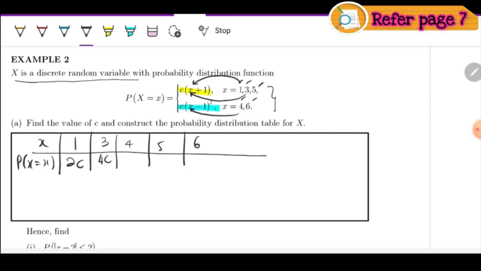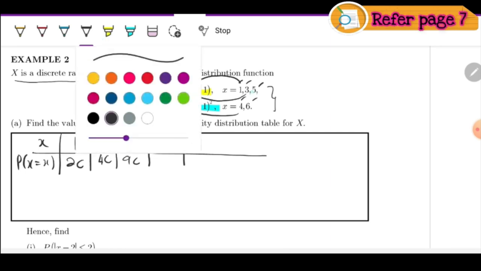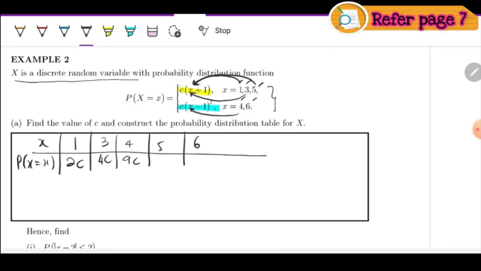Substitute 4 into x, then we get 9c. When x equals 5, we use the upper function. Substitute 5 into x, then we get 6c. When x equals 6, we use the lower function. Substitute 6 into x, then we get 25c.